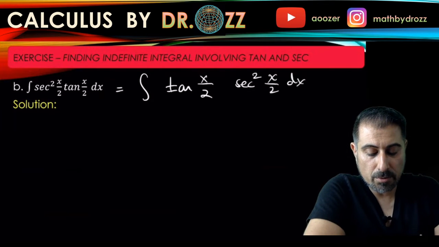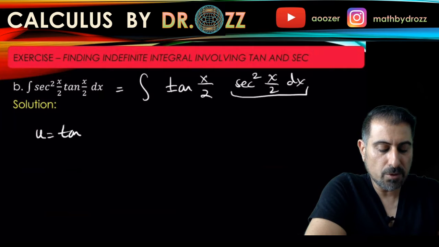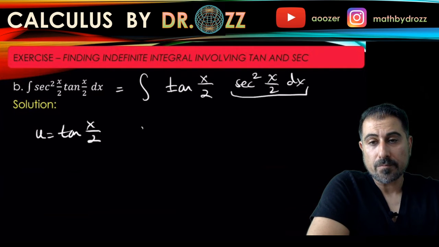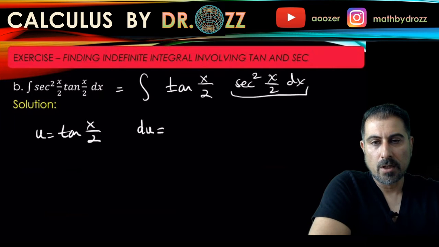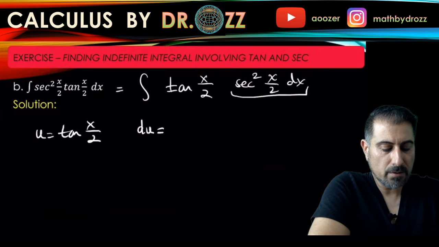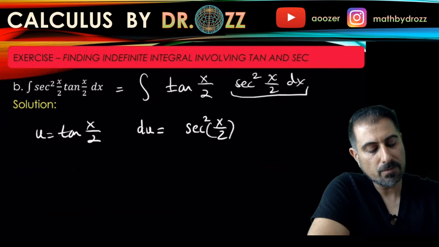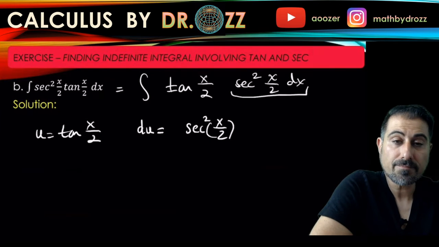I'm going to call u to be tan x over 2, and du would be what? So I'm going to apply the chain rule here. The outer function is tan. The derivative of that is secant squared x over 2, and I have to multiply this by the derivative of the inner part, which is 1 half, and dx.